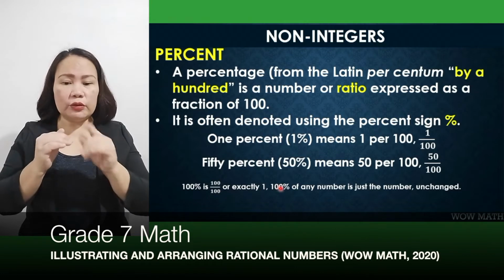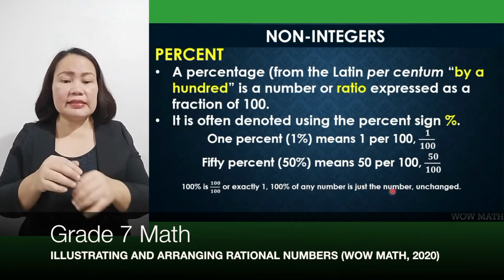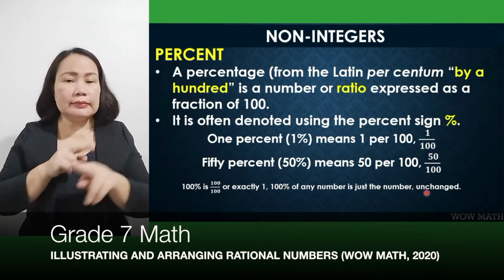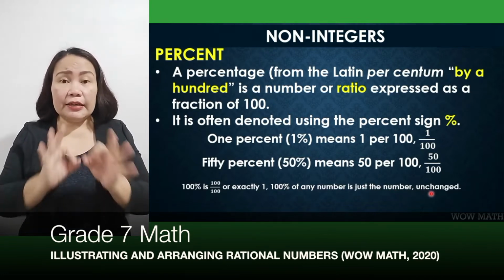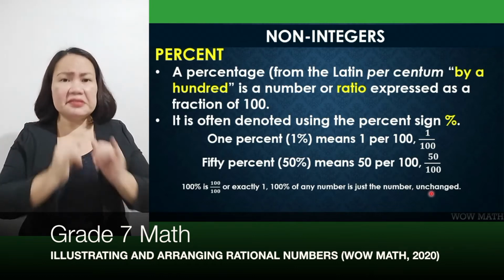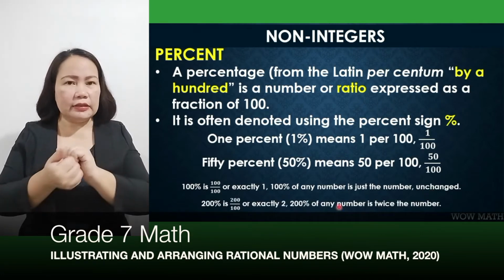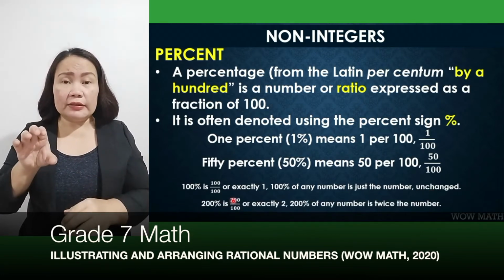Now, 100% of any number is just the number. So, meaning, unchanged, hindi na magbabago. So, kapag tinanong, what is 100% of 5? That is still 5. 100% of 2, that is still 2. So, unchanged, okay? And then 200% is 200 over 100.